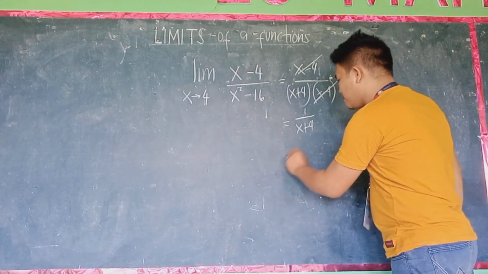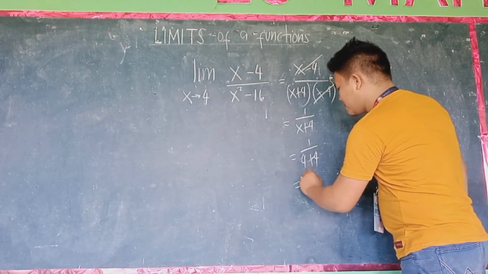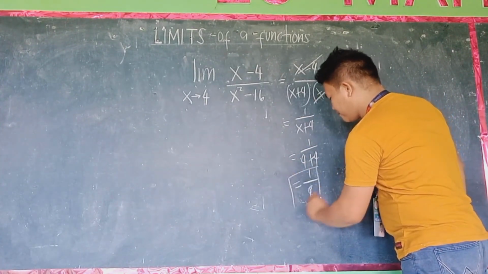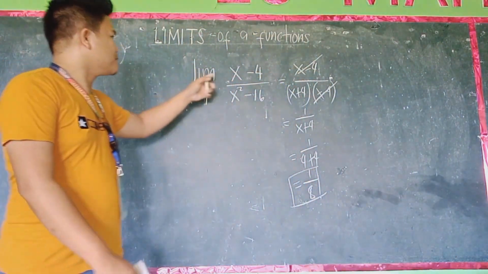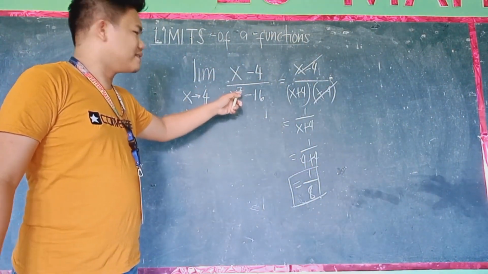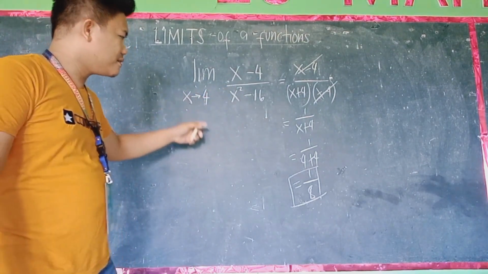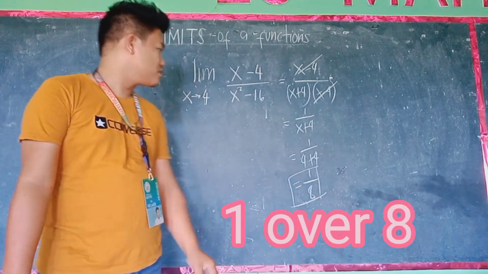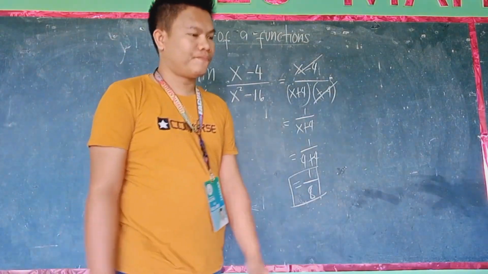So therefore this becomes 1 over 4 plus 4, and therefore the answer is 1 over 8, right? So therefore, if the limit of (x minus 4) over (x squared minus 16) as x approaches 4, then the answer is 1 over 8, right? So therefore, this is now the final answer.